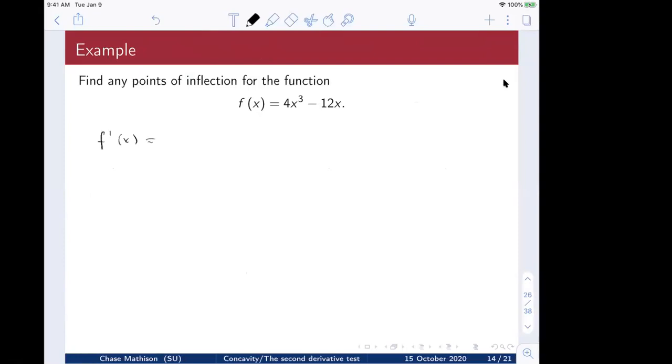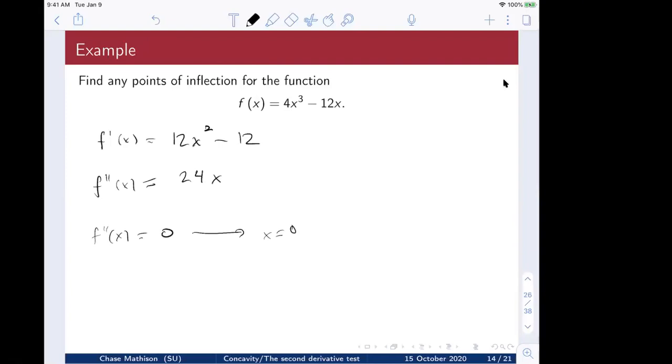So f prime of x is 12x squared minus 12, and then f double prime of x is going to be 24x. And that's it, right? So where does f double prime of x equal 0? When x equals 0, right?